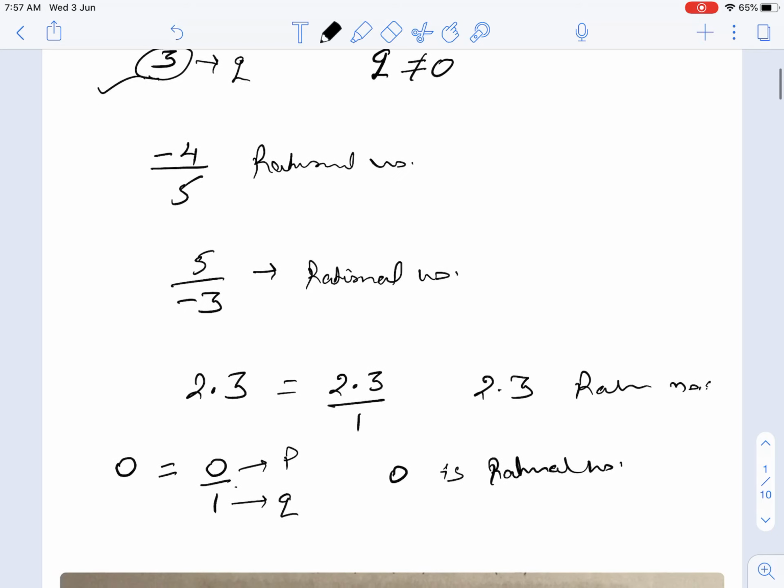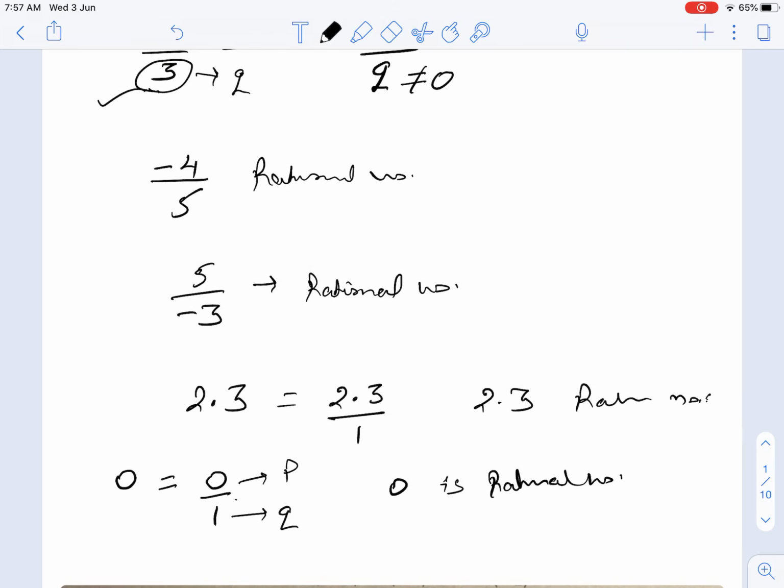Now let us consider another example. Suppose we have the number 1 upon 0. You tell me whether this number is a rational number or not. Here the value of P is 1 and the value of Q is 0.